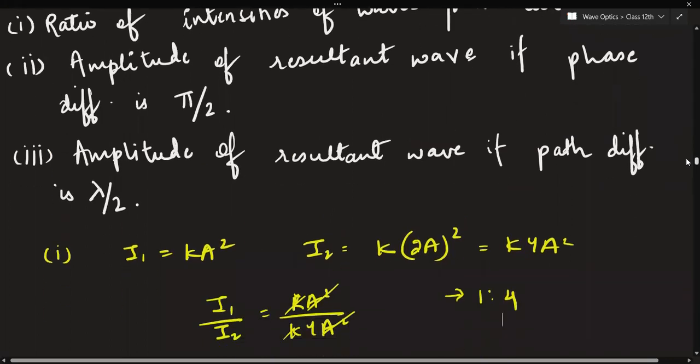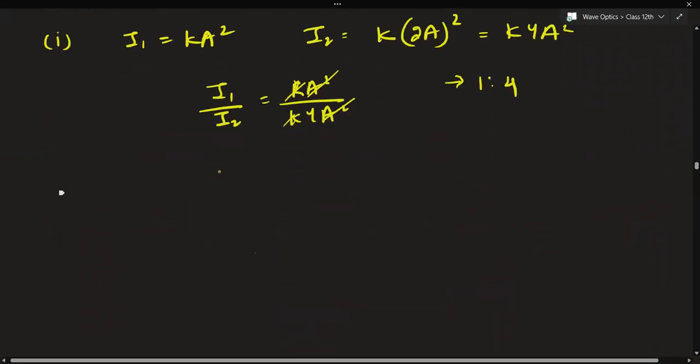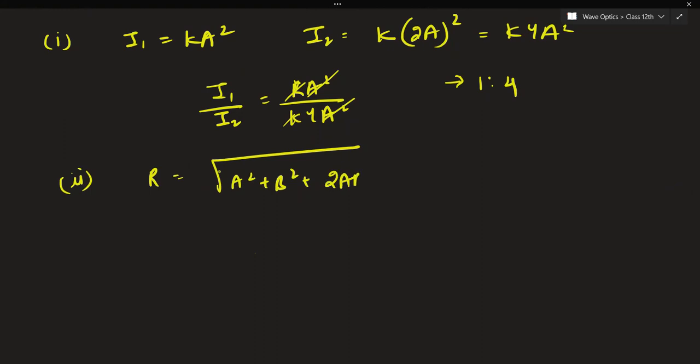Second part: the amplitude of the resultant wave R, if the phase difference is pi by 2. This is the equation that we have: R equals under root A squared plus B squared plus 2AB cos phi.